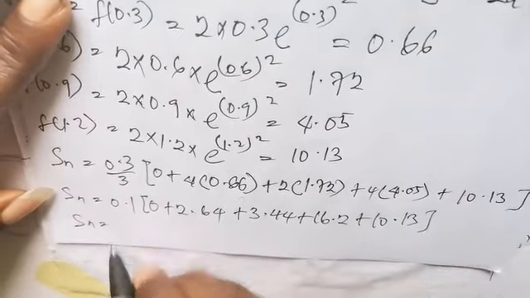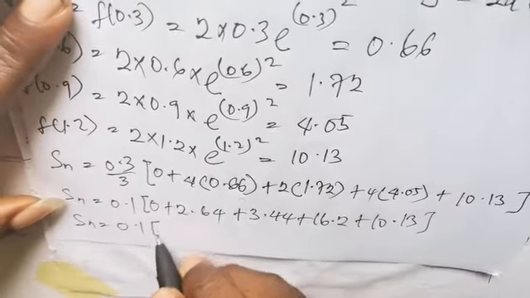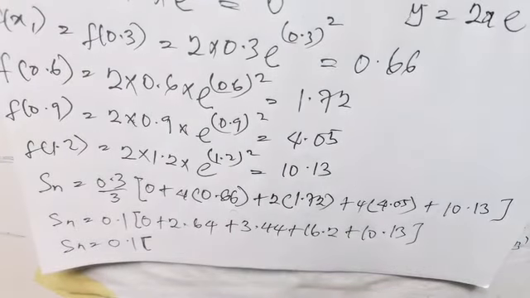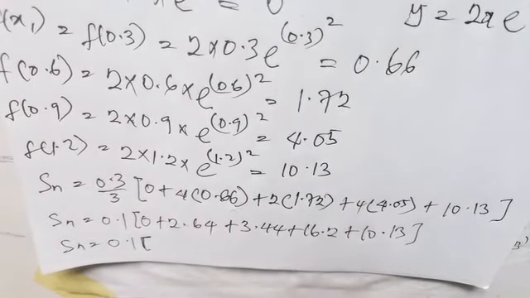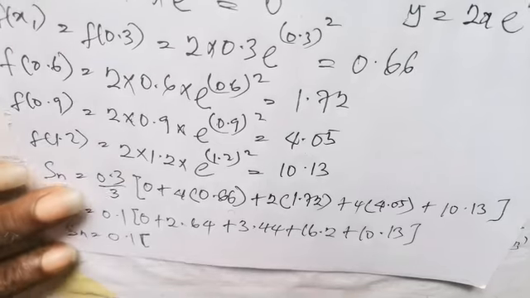So Sn is equal to 0.1 multiplied by the sum of everything: 10.13 plus 16.2 plus 3.44 plus 2.64. Everything here gives us 32.41.